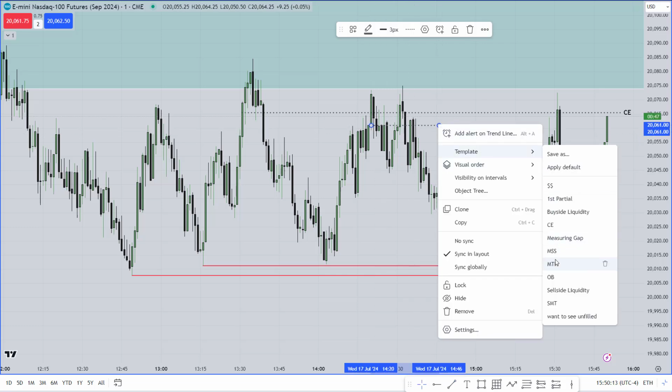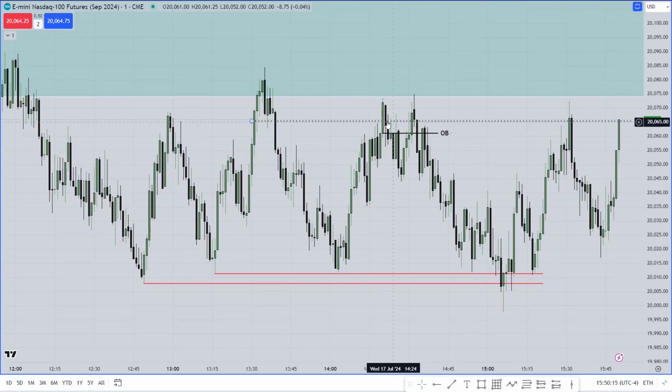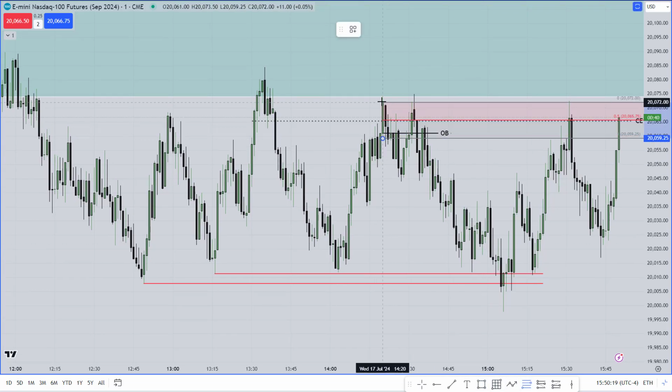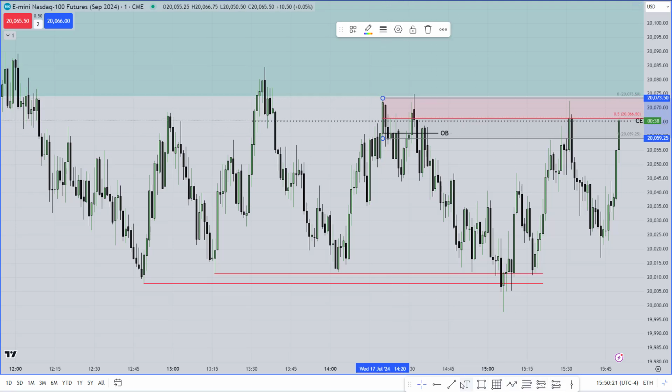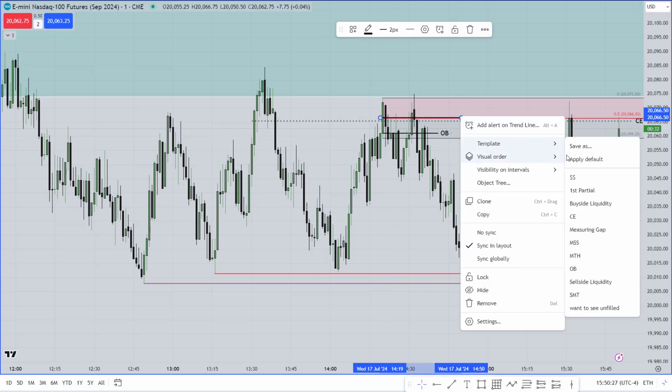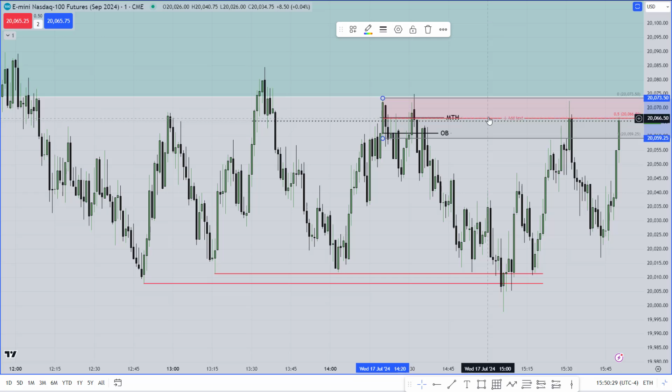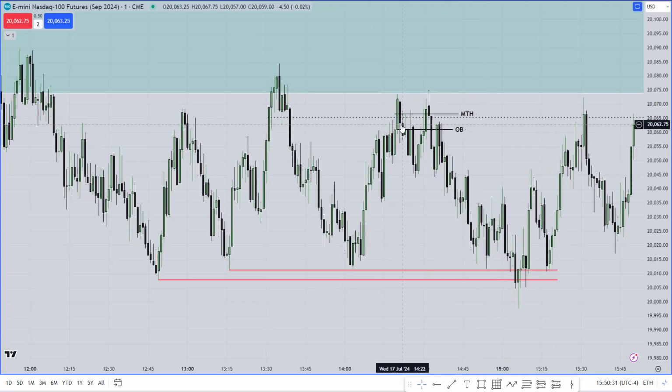I framed this setup in the live stream and I told to mark the 50% of that order block. It can reach until this 50% of that order block, which is actually your mean threshold of that specific order block. So I'm going to mark it as my mean threshold. After marking that, I told that take the entry over there here.